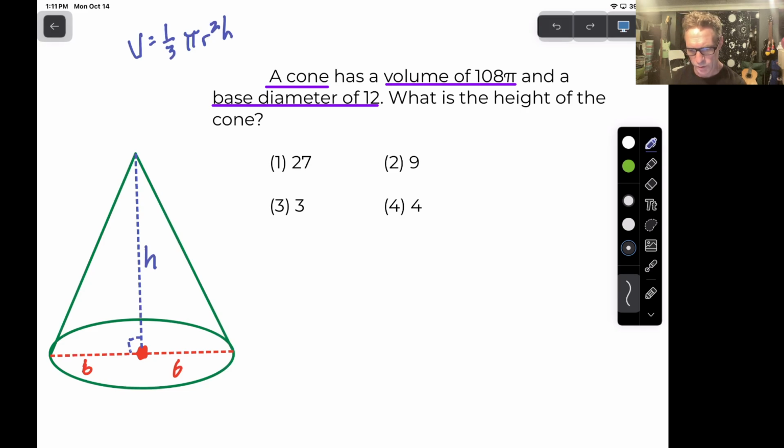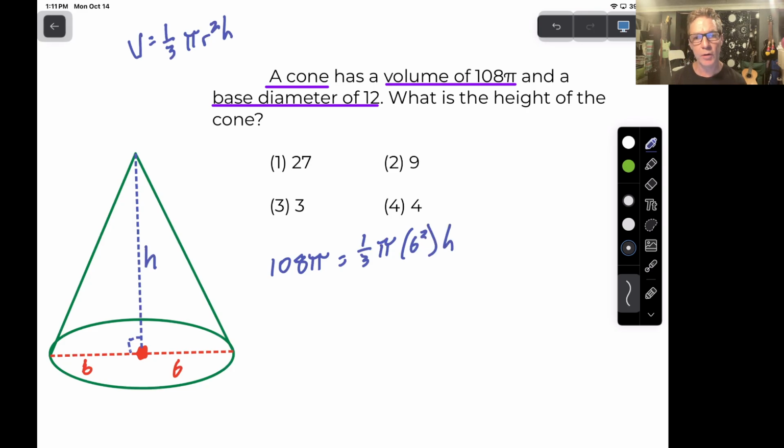I'm just going to say 108 pi equals 1/3 pi r squared, which is 6. I'm going to put that in parentheses. Whoops, not cubed. Times the height of h.